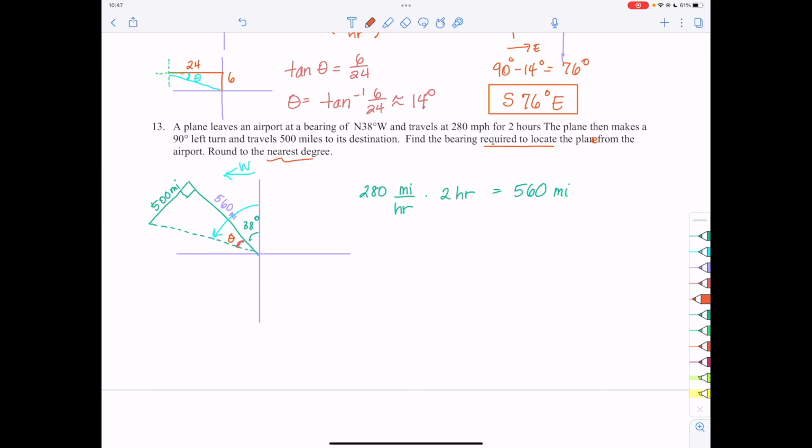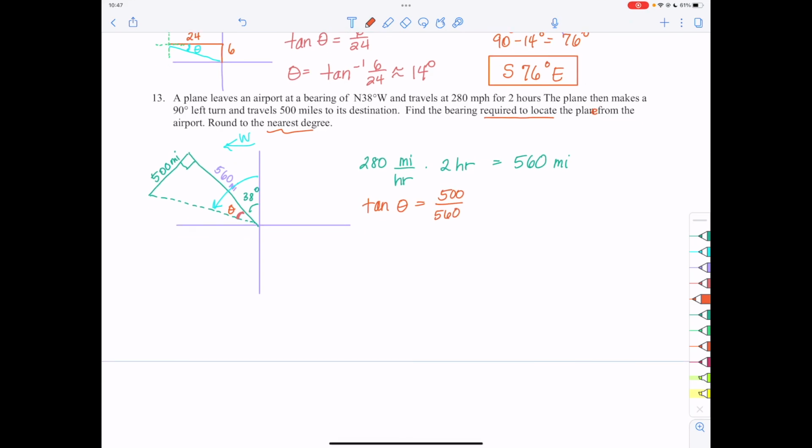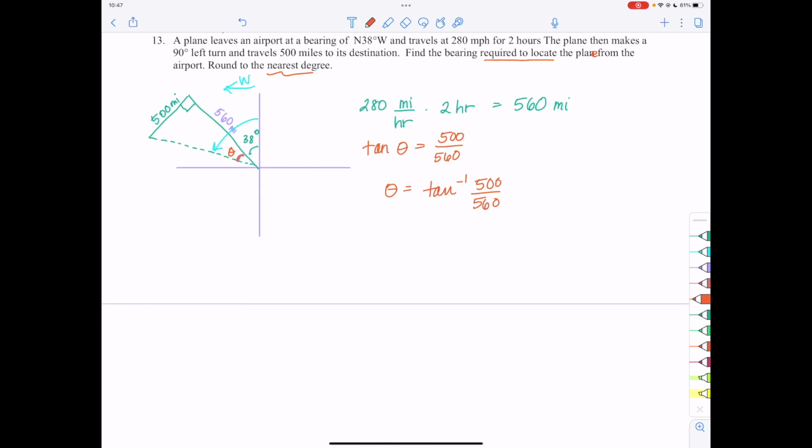And so we have that the tangent of theta is 500 divided by 560. So we know that theta is equal to the tan inverse of 500 divided by 560. So theta is about 42 degrees.